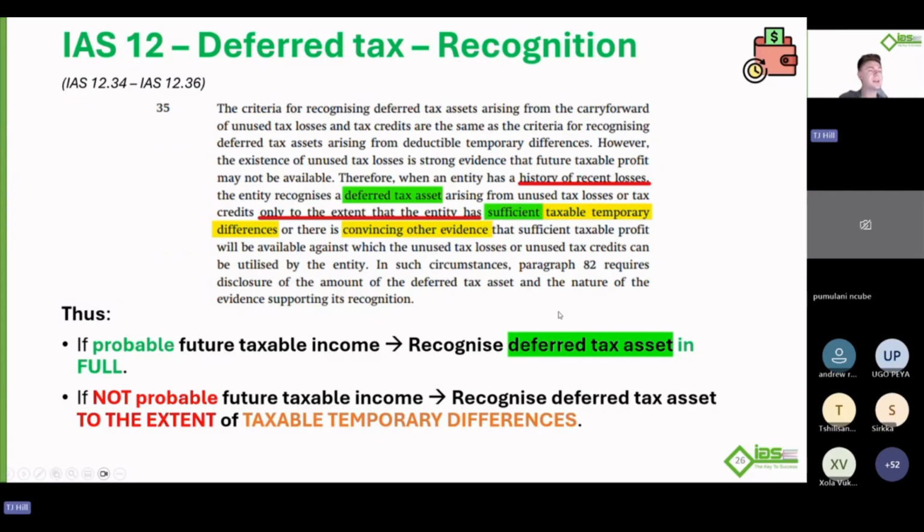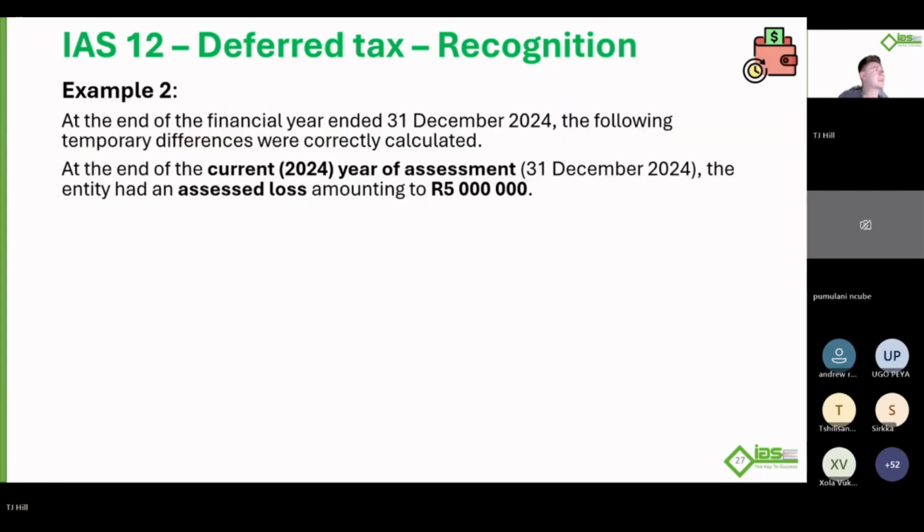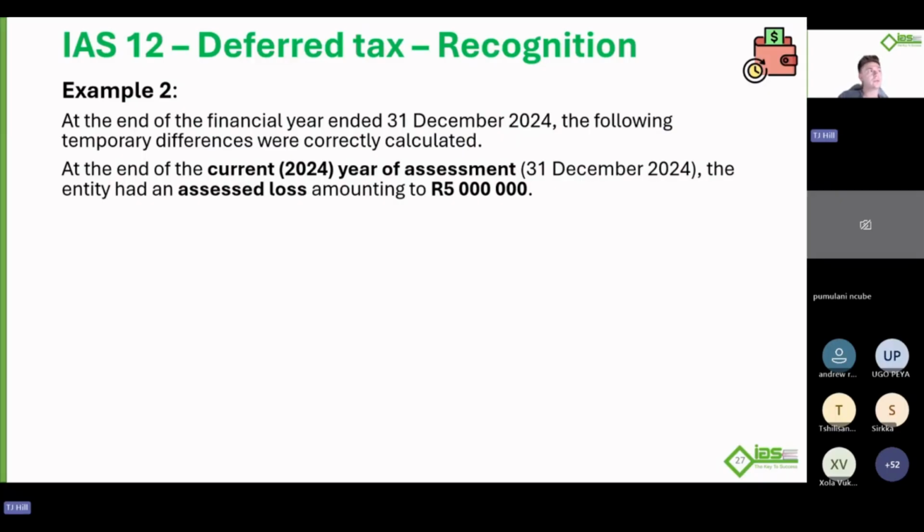Okay, so the criteria is the same. If I now do another example, at the end of 2024, they've calculated these temporary differences at the end of this year, and they had an assessed loss amounting to 5 million.